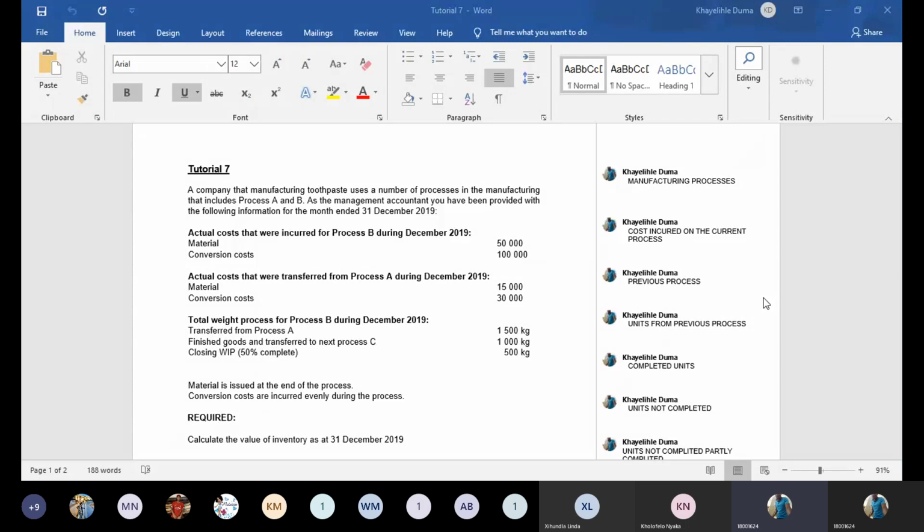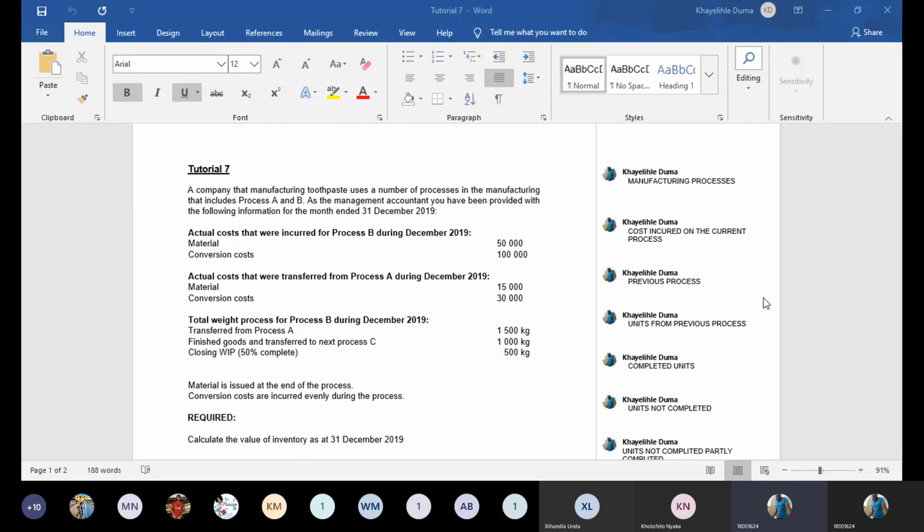So I'm saying that Unit 5 was job costing, whereby the business or company is producing units that are different. So it means you have to assign a unit cost to each and every unit, because they require different materials and different amounts of labor.